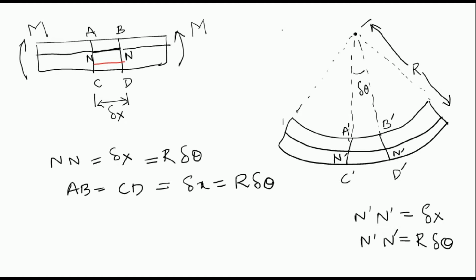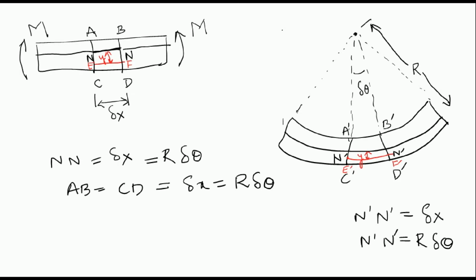Okay, so now if we pick a layer at a distance of y from the neutral axis, let's call this EF. Now the same layer here at a distance of y, this point is E dash and this point is F dash.